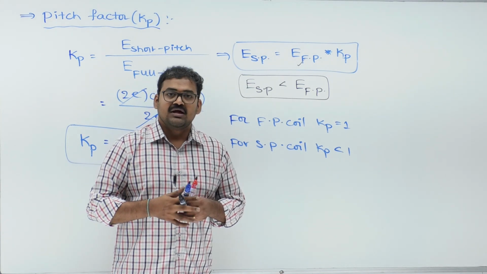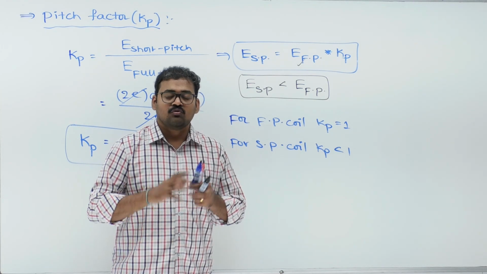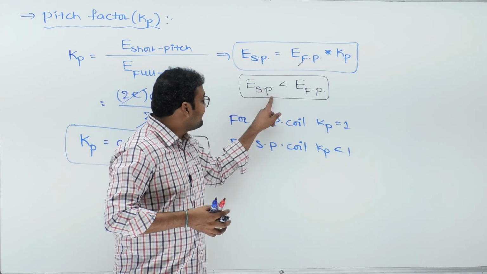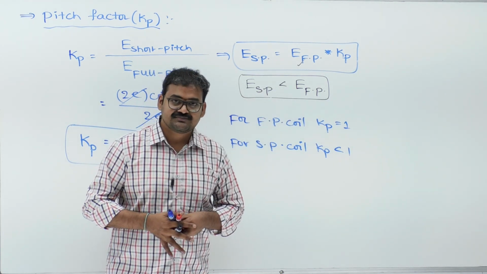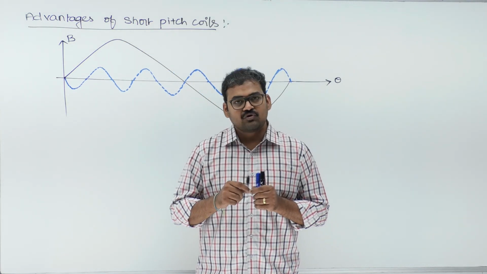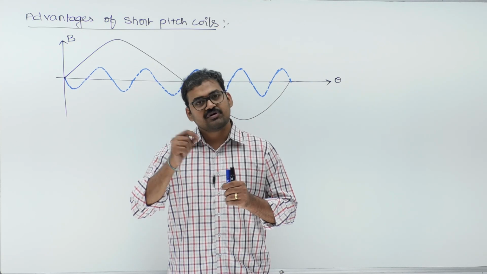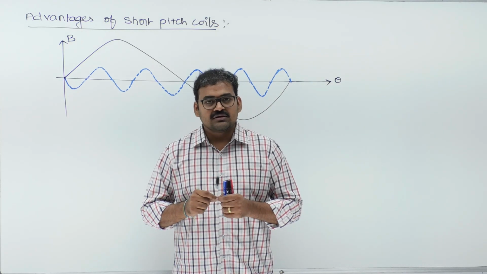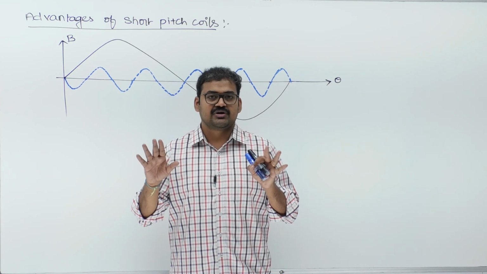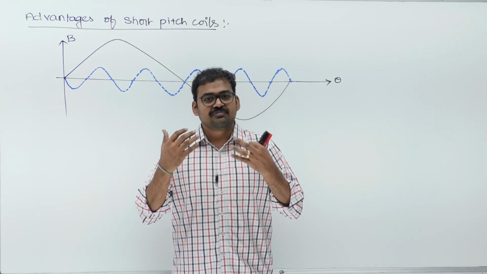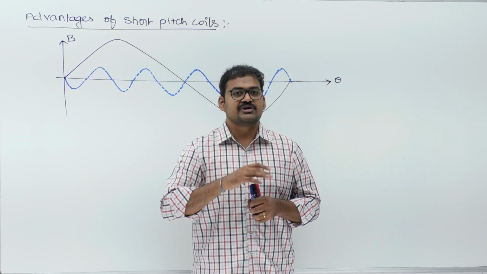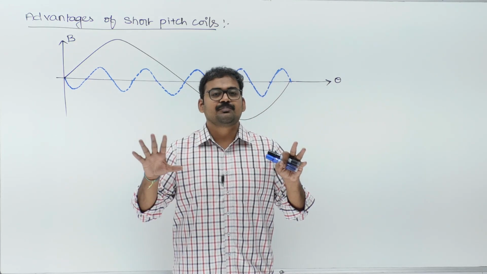Now let us try to understand what is the benefit of using short pitch coils even though they offer less voltage. Coming to the point, we want to understand the advantage of using a short pitch coil over a full pitch coil. We know that magnetic flux in any synchronous machine cannot be purely sinusoidal. Even though we take a lot of precautions and make so much effort to make it a purely sinusoidal flux wave, it is never possible practically.